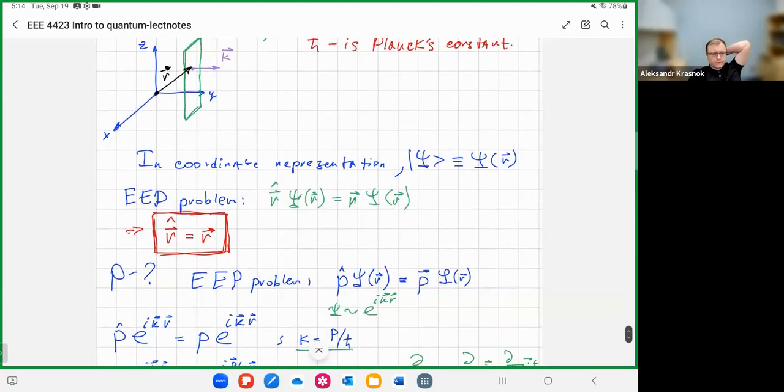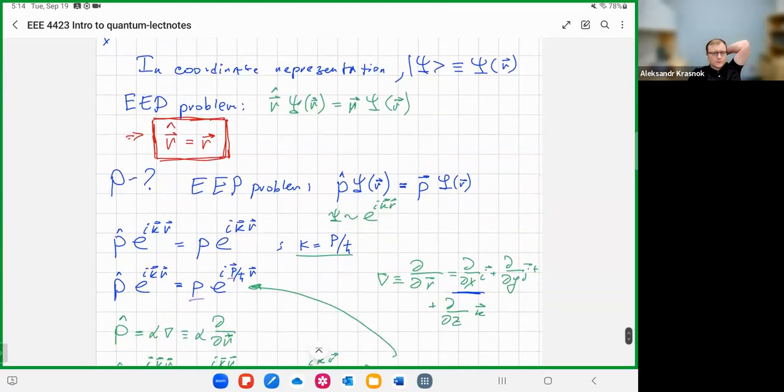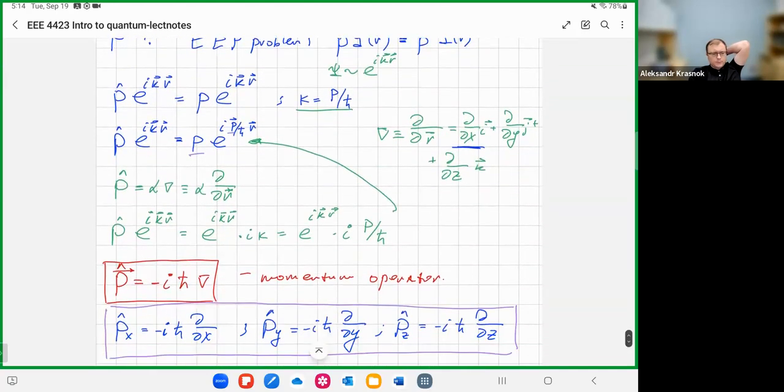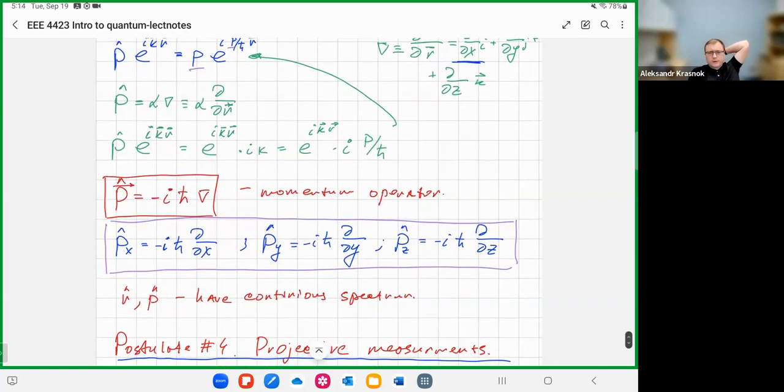Then we discussed the coordinate representation. In the coordinate representation, the operator of coordinate is given by the coordinate itself, and the momentum operator is given by minus i h bar nabla.